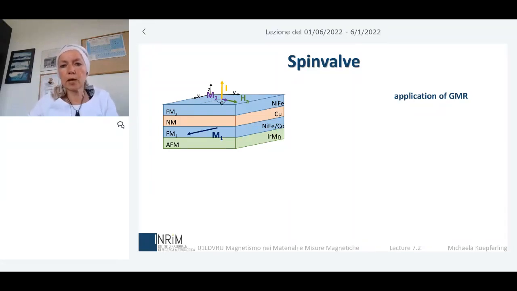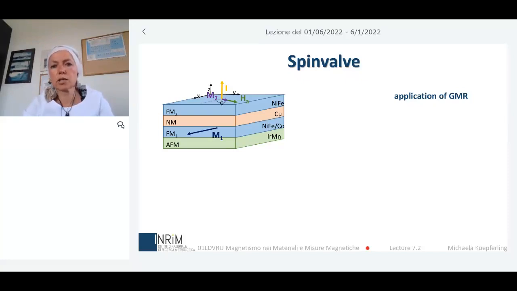So moving now to the application of the GMR, the main application nowadays are field sensors, as it is the case in the read head, but also in many other applications nowadays, GMR are substituting the old AMR sensors.